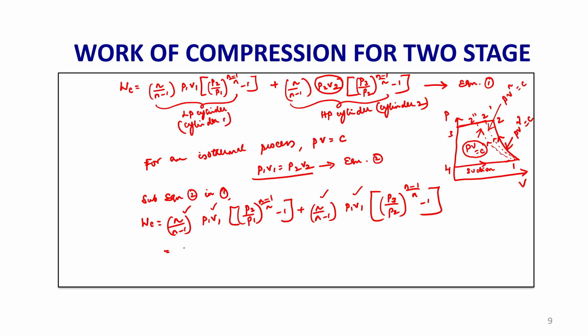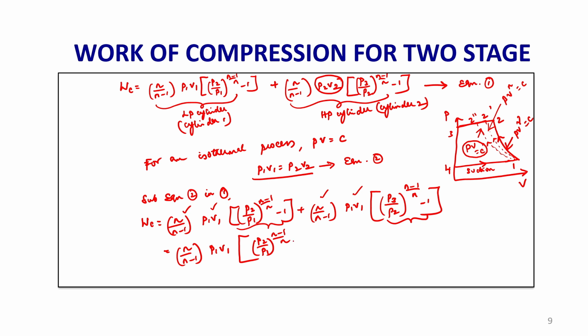So, let me take that one, n by n minus 1 into P1 V1. Inside the bracket I will write the first term, (P2 by P1) whole power n minus 1 by n. This minus 1 and this minus 1 I will write at the last term, that will be minus 1 and minus 1 becomes minus 2.